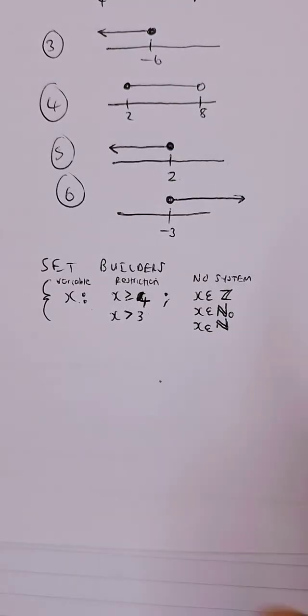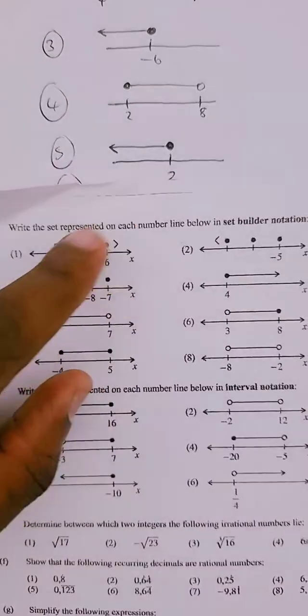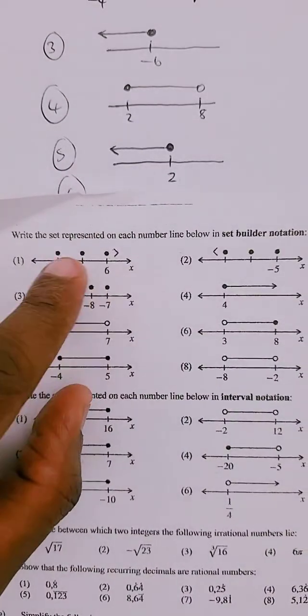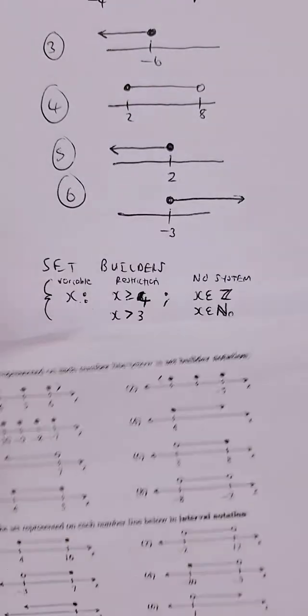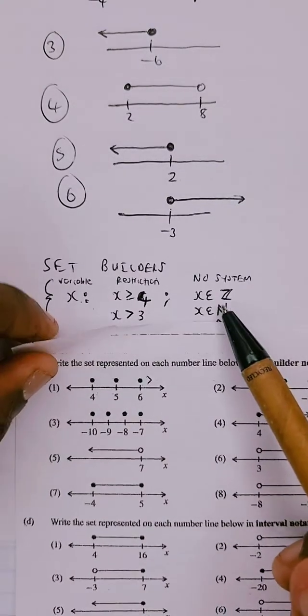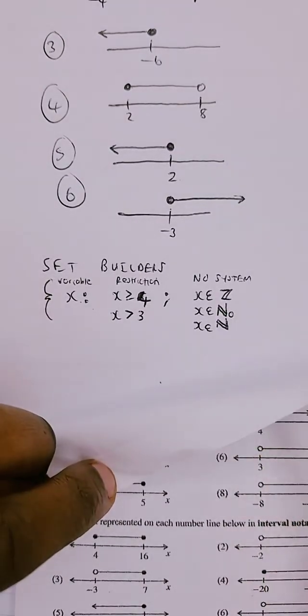I am just suggesting that there are varied options of answers that would have to be accepted by the person who's marking you, because set builder notation for this specific number line, 4, 5, 6, with 4, 5, 6 included, we're obviously jumping by 1, and these are the numbers that qualify for such: integer values, whole numbers, natural numbers.